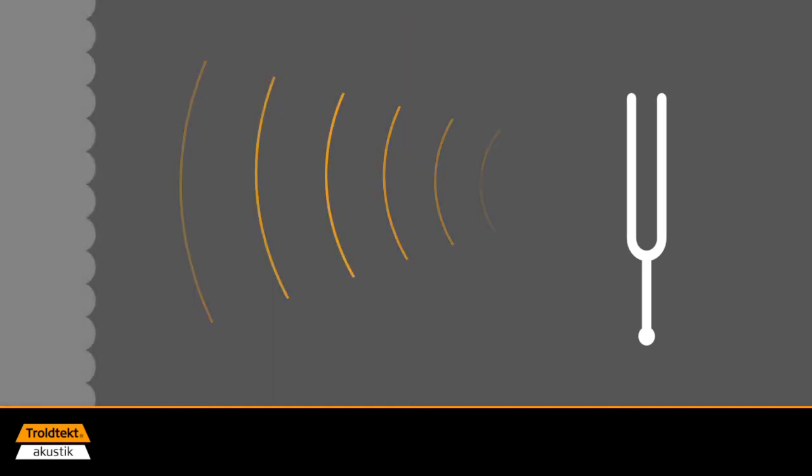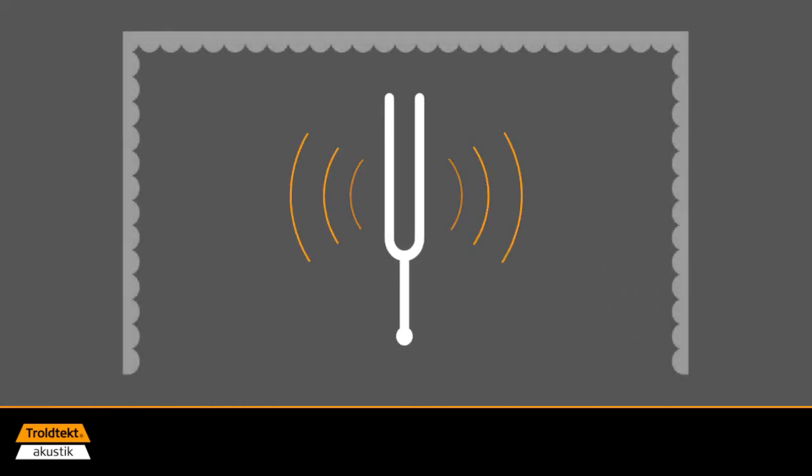This property can be described by means of a sound absorption value. Hard and rigid materials with a smooth surface often have a low sound absorption value, while materials with a soft, uneven or porous surface typically have a high sound absorption value. The higher the proportion of the room's total surface area that absorbs the sound, the less reverberation there will be in the room.